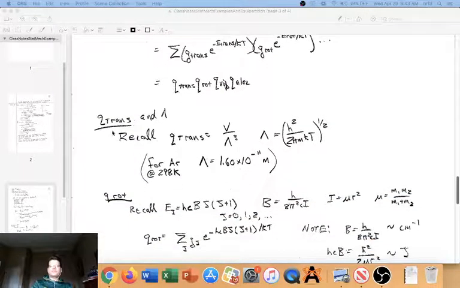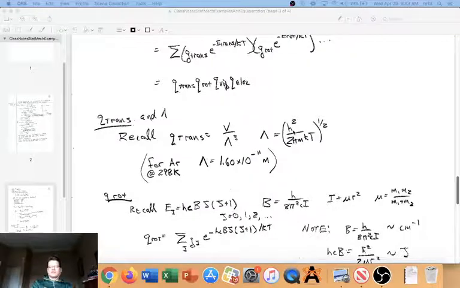So if we start with just the translational, we know already the molecular partition function for translational is volume divided by the thermal de Broglie wavelength cubed, and the thermal de Broglie wavelength is just this collection of constants. It is a length, and it is amazing that we have Planck's constant in here.